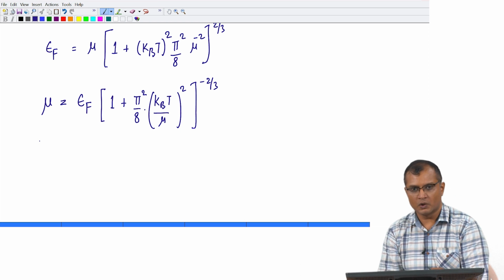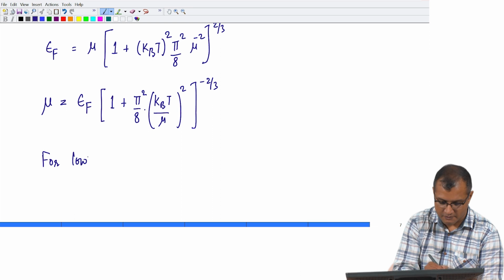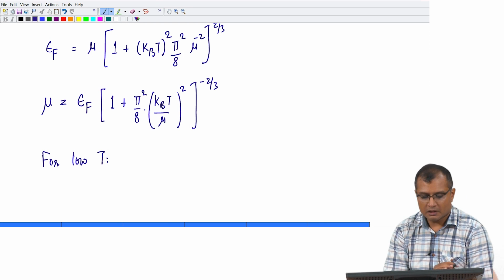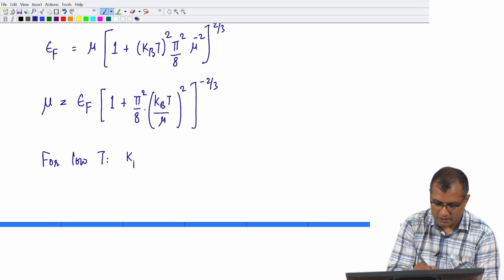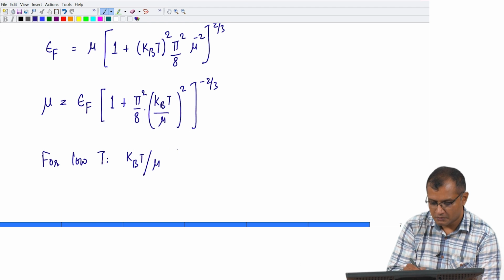Now, since we are in the low temperature approximation, for low temperatures, meaning my temperatures are much smaller than the scale mu.